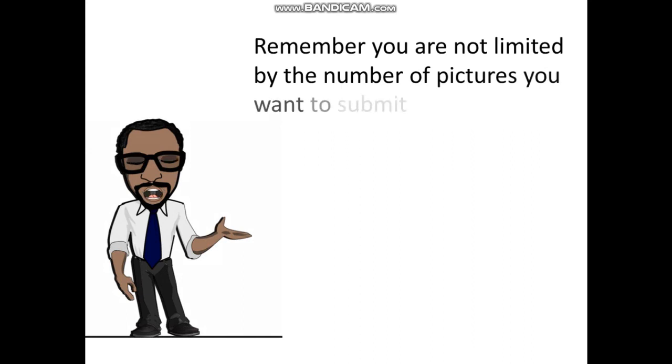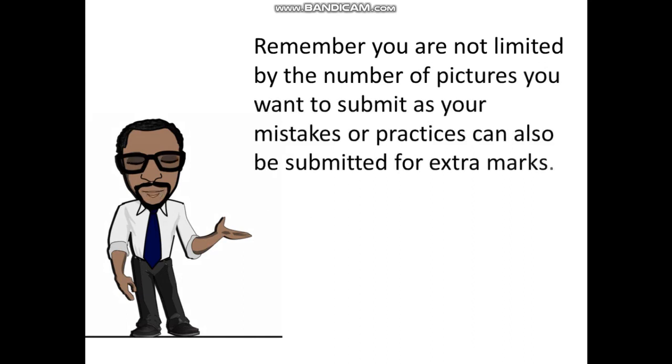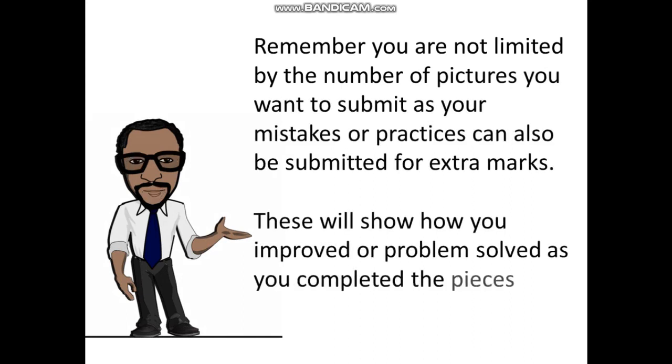So remember, you are not limited by the number of pictures you want to submit, as your mistakes or practices can also be submitted for extra marks. These will show how you improved or problem solved as you completed the piece.